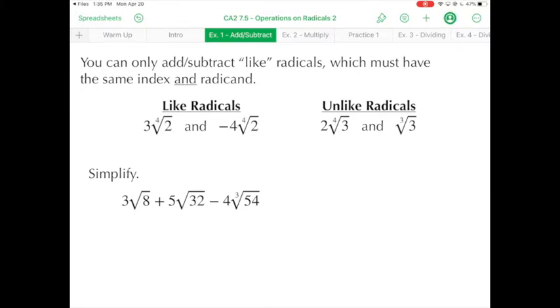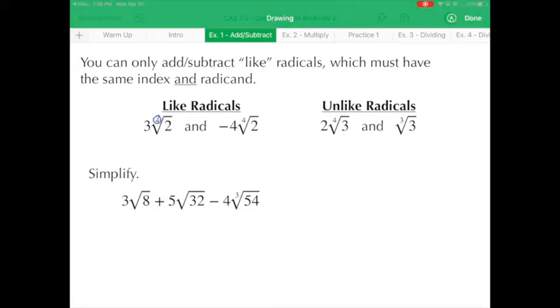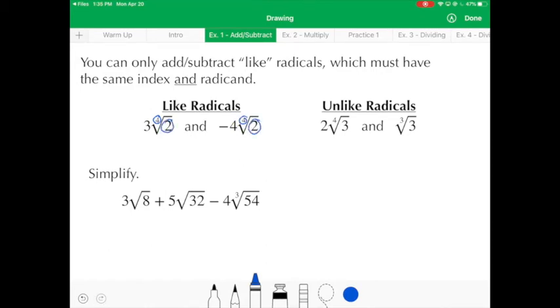I have some examples here of like radicals on the left side of your screen. 3 times the fourth root of 2 is a like radical with -4 times the fourth root of 2. That's because they both have the same index of 4. They're both fourth roots, and they both have the same radicand of 2. Okay?